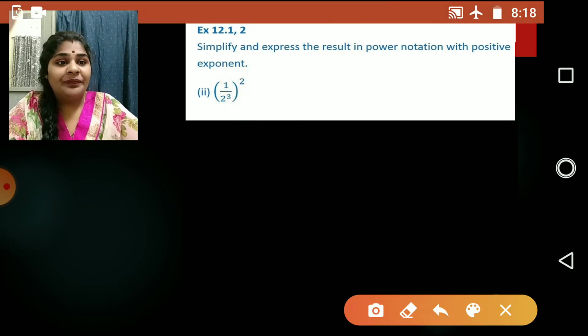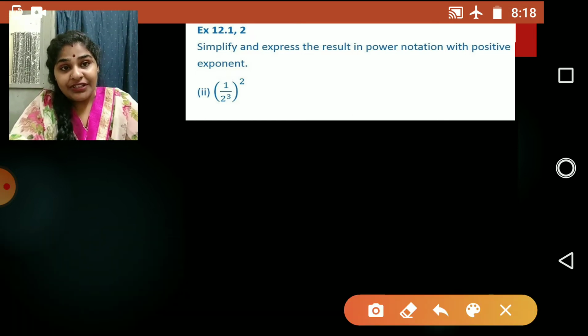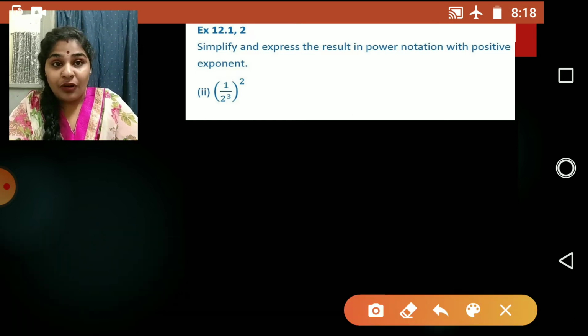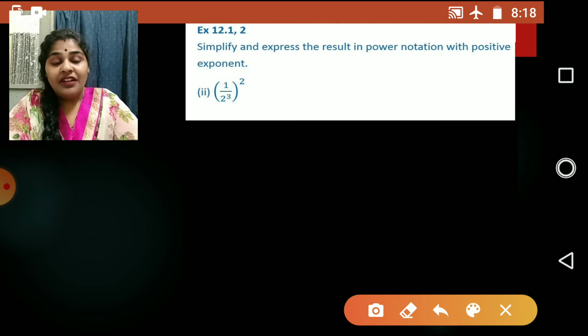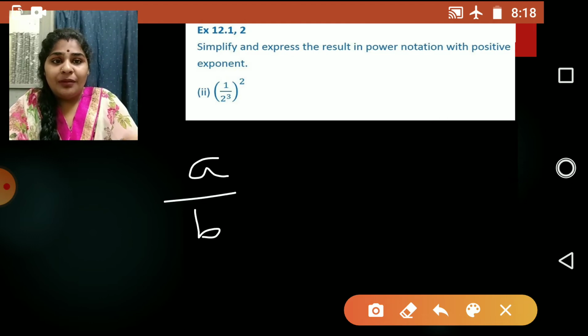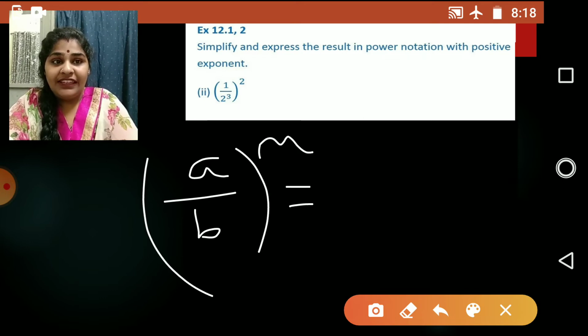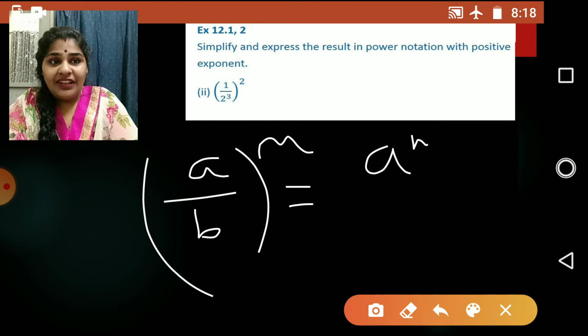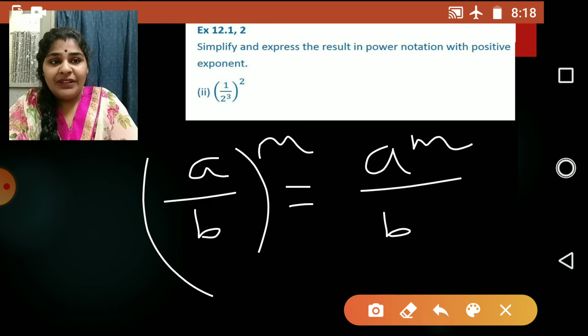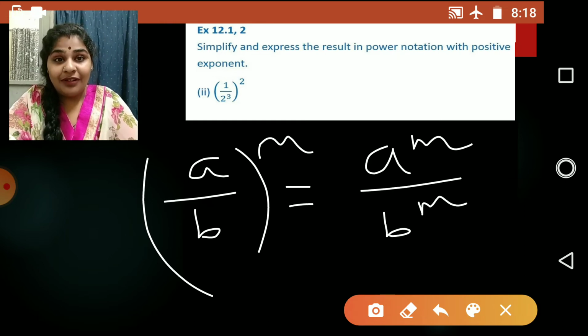Now looking at the question, we have to think which law or which rule we can use. First of all, can I say a upon b whole raised to m is equal to a raised to m upon b raised to m, children? We have a law, right?